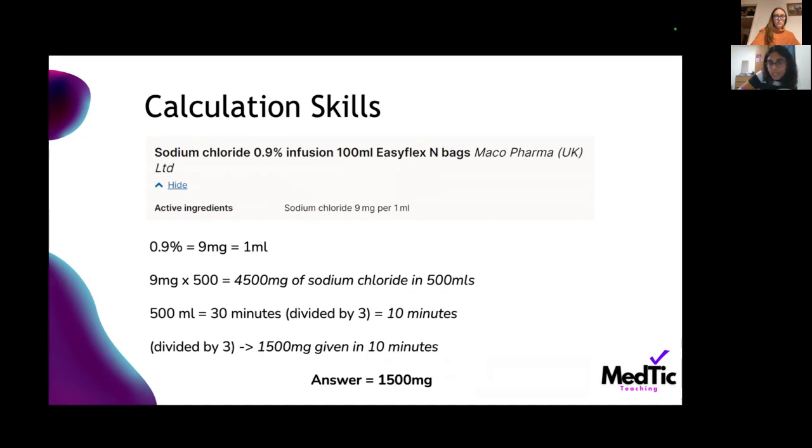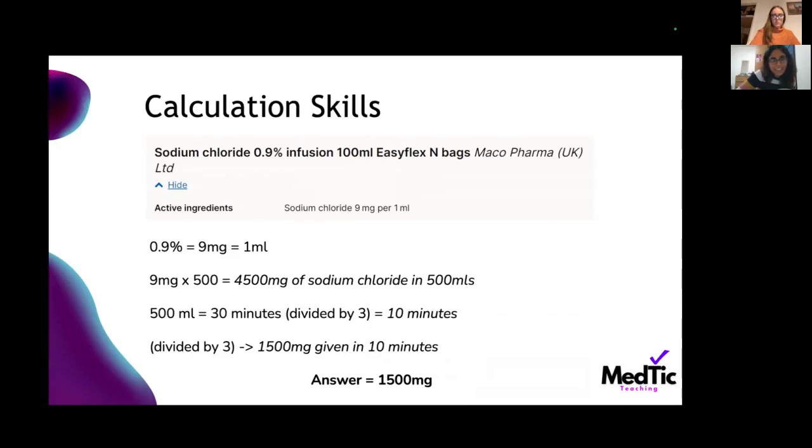So someone's put a question: if 1% is 1 gram in 100 mils, then wouldn't 0.9% be 0.9 grams? Yes. I'm now confused.